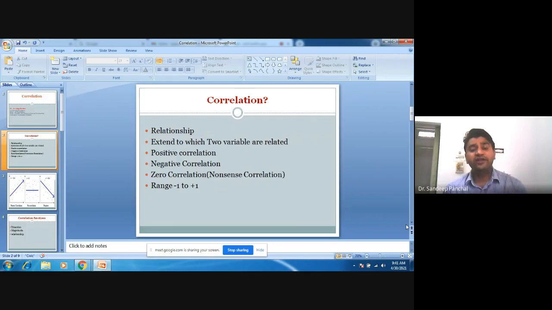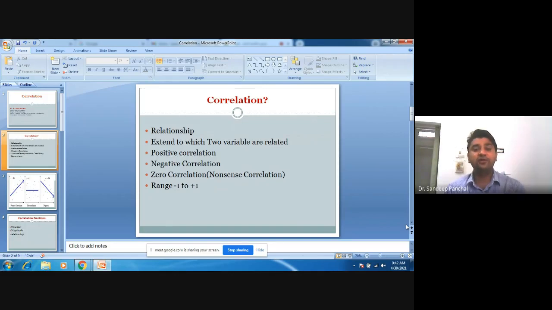So what about the negative correlation? Negative correlation means if one variable increases, the second variable will decrease. One is increasing and the second one is decreasing. That is the negative correlation. Let's have an example of negative correlation.